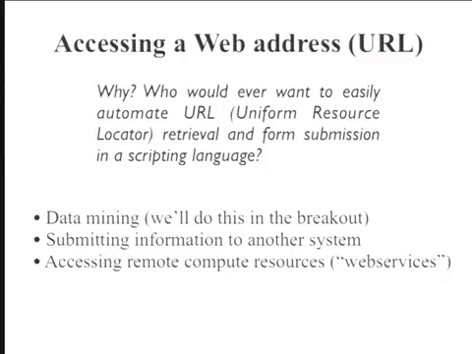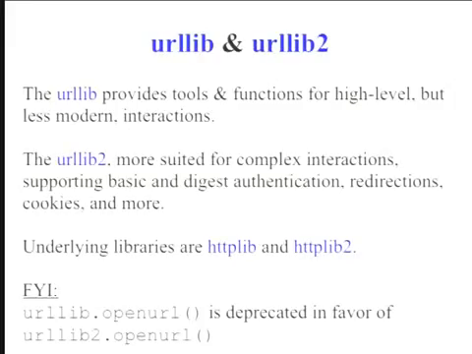OK, so here I'm going to start talking about the nitty-gritties of the modules that we're going to be using early on. They are essentially the built-in urllib and urllib2, which are the libraries for URL access. urllib is kind of like the earlier one.